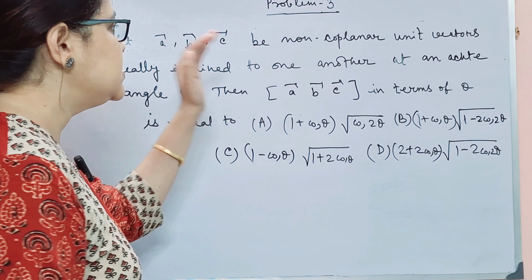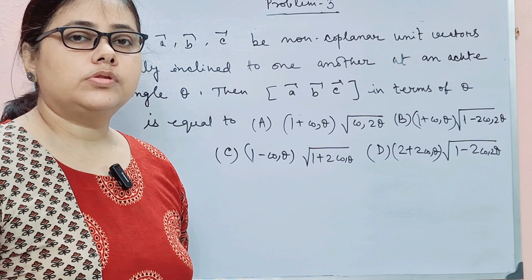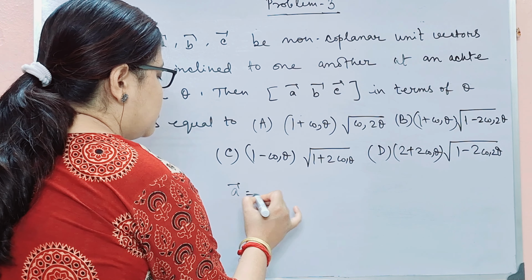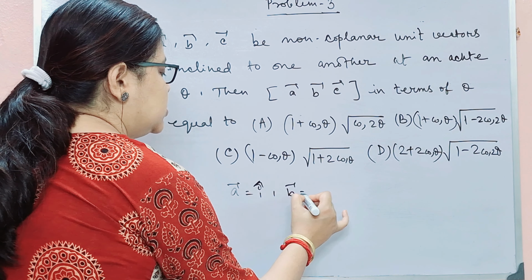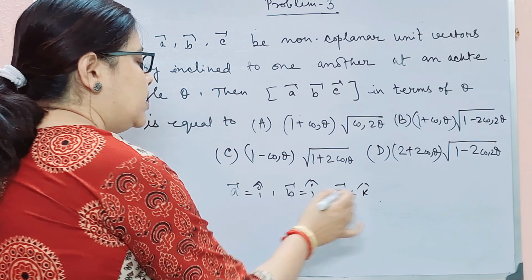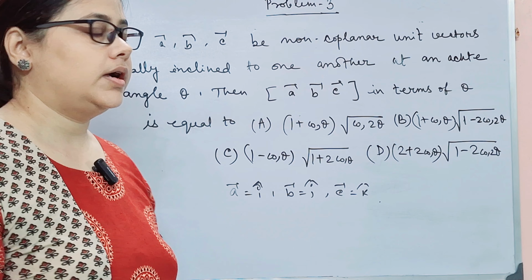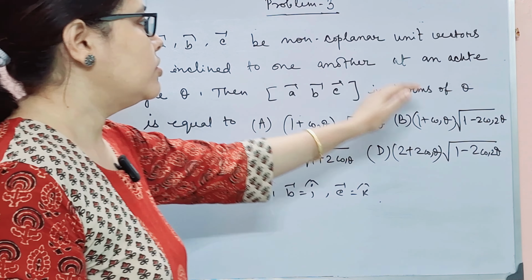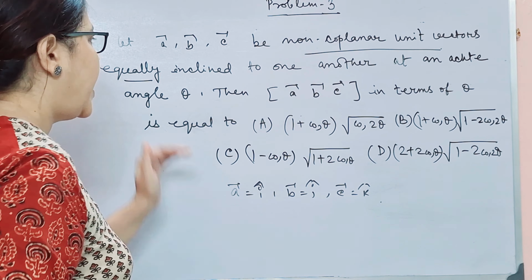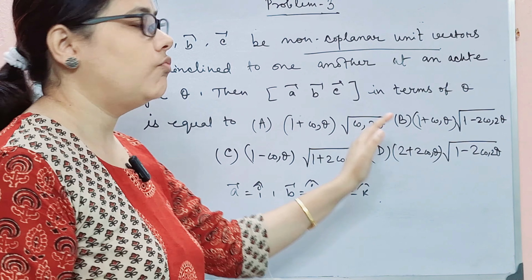Now since A, B, C are non-coplanar unit vectors, I can easily put A equals i, B equals j and C equals k, because these are the unit vectors along the x-axis, y-axis and z-axis. So i, j, k are non-coplanar vectors and also unit vectors. So this condition is satisfied, and the second condition is that the vectors are equally inclined to one another.